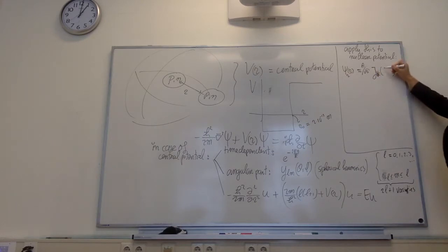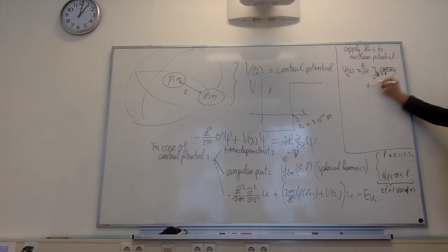The argument in our case turned out to be the square root of 2m(E minus V) over h bar, times r. The other one was the Neumann function, again with a complicated argument. That was that. This is just a mathematical solution to this problem.